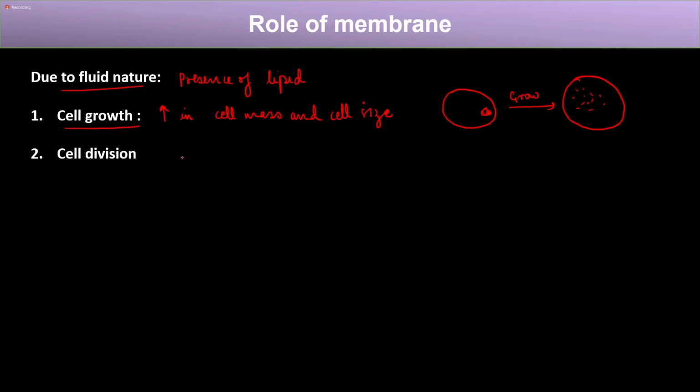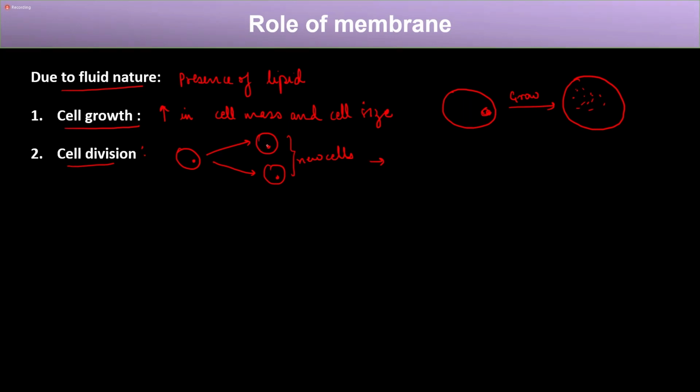Now, the second function of the plasma membrane is cell division. We know that new cells come from already existing cells. During cell division, the plasma membrane separates itself.